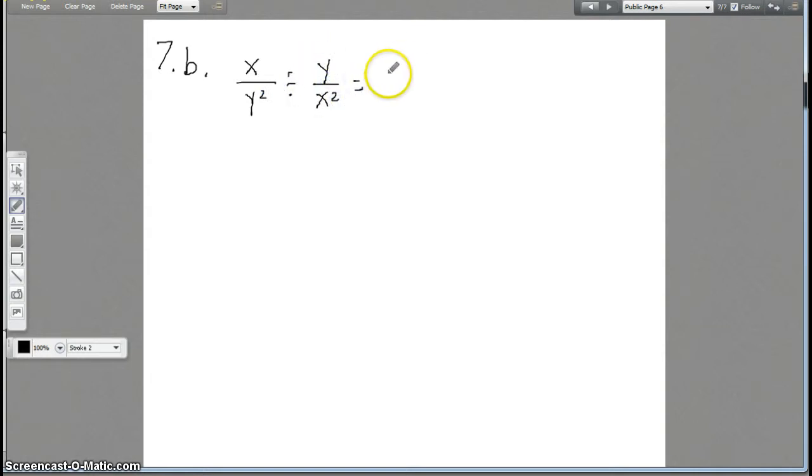So when we have divided, we start with our first fraction, just copy it, change the divided to times, flip over our second fraction. We have x squared over y. Now we look to see if there's anything we can cancel out, and there actually isn't anything we can cancel out. So we multiply across the top, x times x squared is x cubed, multiply across the bottom, y squared times y is y cubed, and we have our final answer.